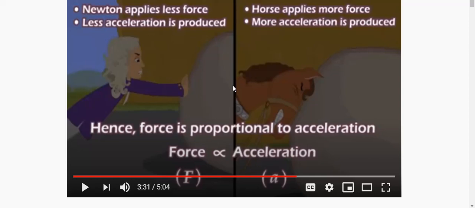As here in this case, Newton applies less force, due to which less acceleration has been generated. Whereas, as we all know that the horse is more powerful, so his force will be much greater than Newton's force, and the acceleration produced by the force will also be greater. Hence we can say that force is proportional to acceleration.